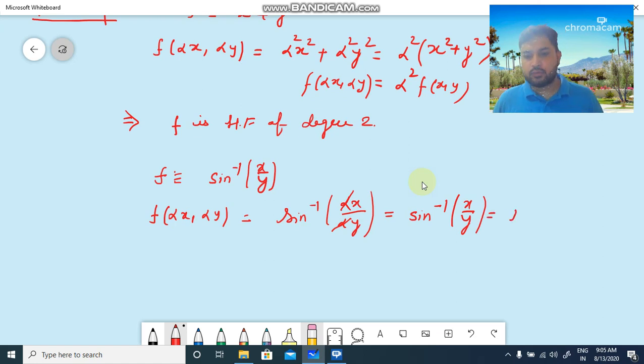So we can write this as α to the power 0 into f(x, y). Here again we express the given function f(x, y) in the first form. So from here we can observe that f is a homogeneous function of degree 0.